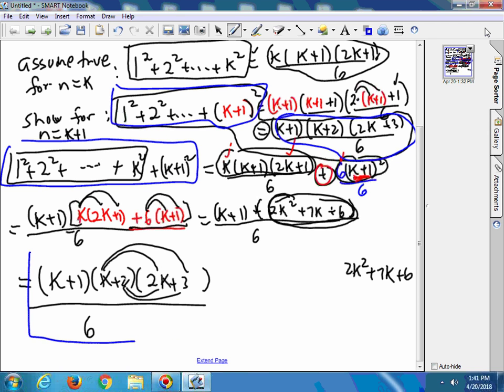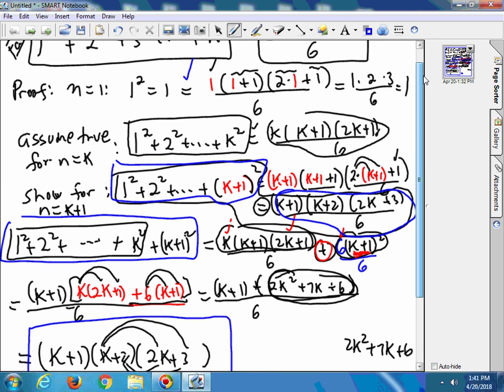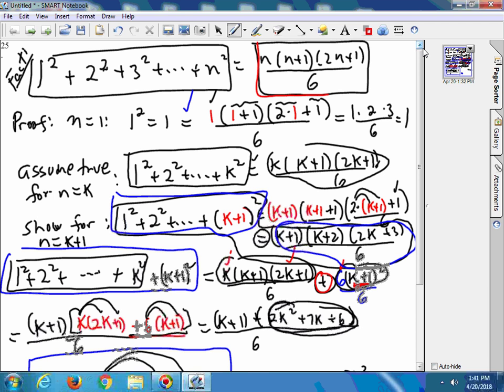But that's exactly what I've gotten. So there's your proof to show that the sum of the squares of the first n integers really is this formula on top.